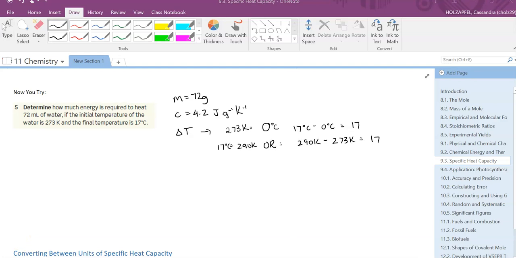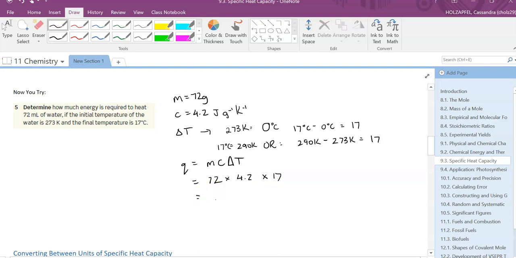All right, so I just want to do this last little bit just to show you. We're going to write out our formula. The amount of energy required in joules is going to be equal to the mass times the specific heat capacity times the change in temperature. So that's going to be 72 grams times 4.2, because we're still talking about water, times 17.